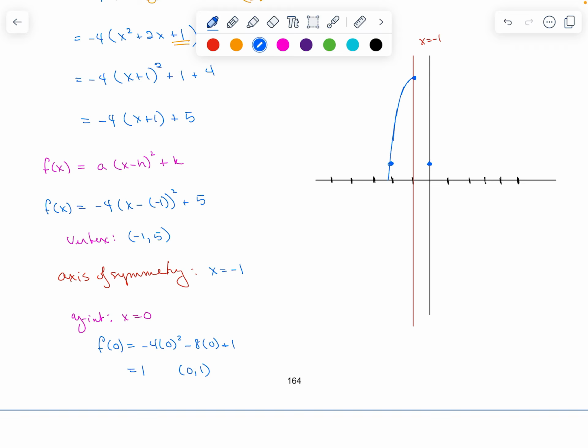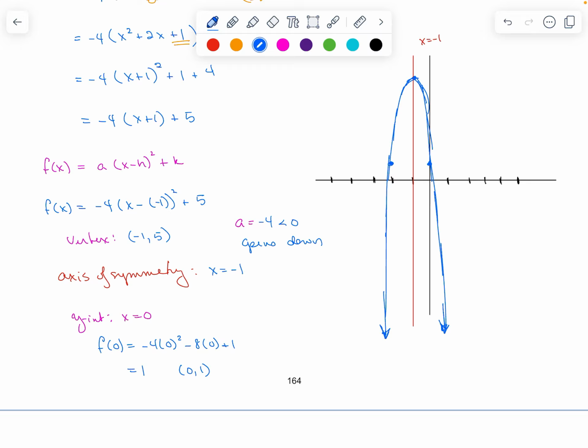And so we have our graph that looks like this. It's a parabola. We see that it opens downward because a, which is equal to negative 4, is less than 0, so it opens down for that reason.